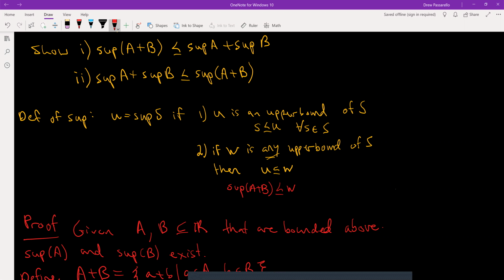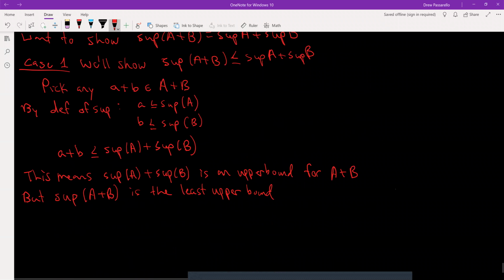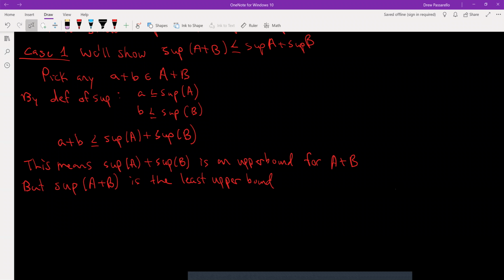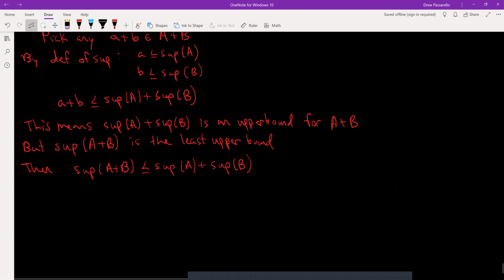And our W is any upper bound, and we said that sup of A plus sup of B is an upper bound. Then it must be that sup of capital A plus B, since it's the least upper bound, is less than or equal to sup of capital A plus sup of capital B, since our element a plus b is arbitrary.